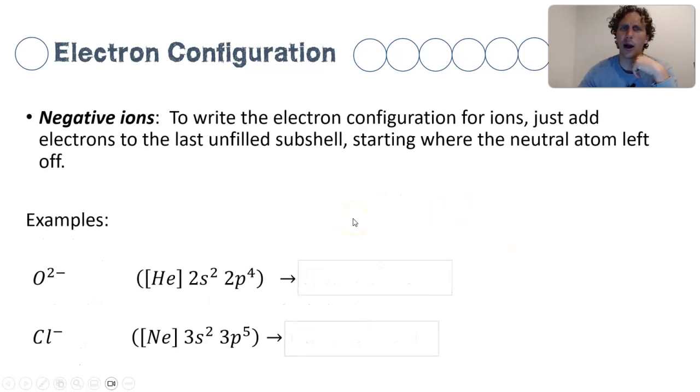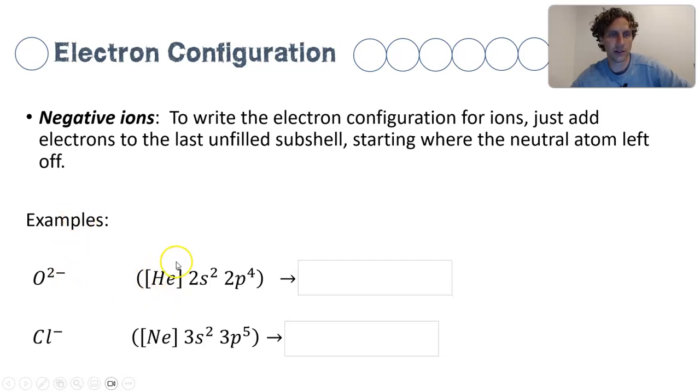Okay, what about ions? Ions are atoms that will lose electrons or gain electrons. So negative ions have gained electrons. Okay, and so to write the electron configuration for ions, just add electrons to the last unfilled subshell, starting where the neutral atom left off.